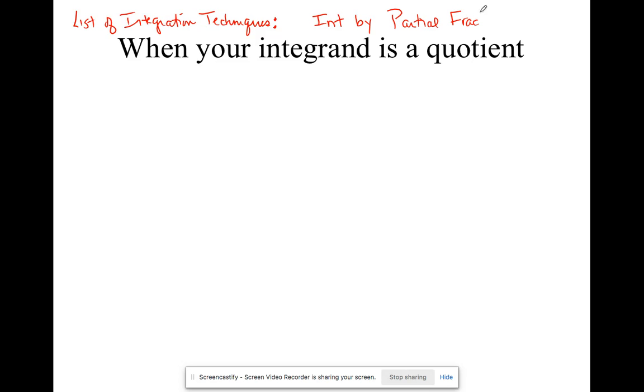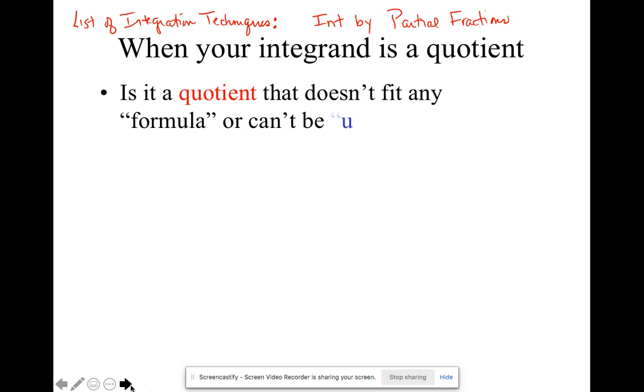Now, just like integration by parts, when your integrand is a product, I don't see a quotient and immediately think partial fractions, right? I think, is it one of my inverse trig formulas?